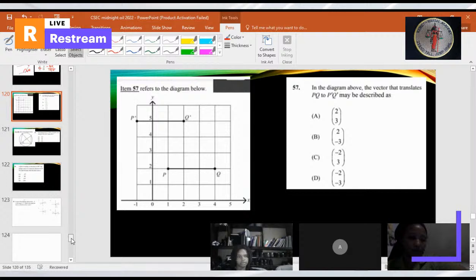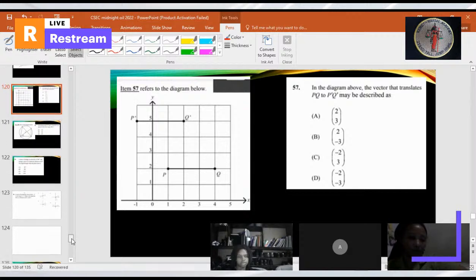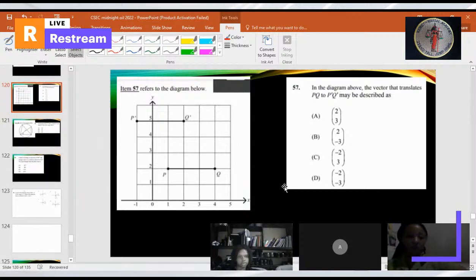In the diagram above, the vector that translates PQ to P1Q1 may be described as... So PQ is here. The vector that translates PQ to P prime Q prime. So this is the original, and this is the image.